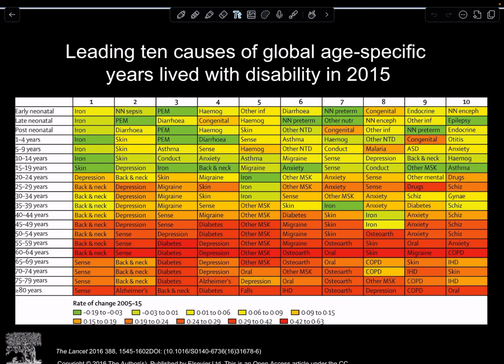And then if you start looking at 25 to 64, it's back and neck pain, and even if they throw some Alzheimer's in there, they still get back and neck pain. It just surprises me that the number one cause of disability worldwide would be back and neck pain, followed by depression, right?